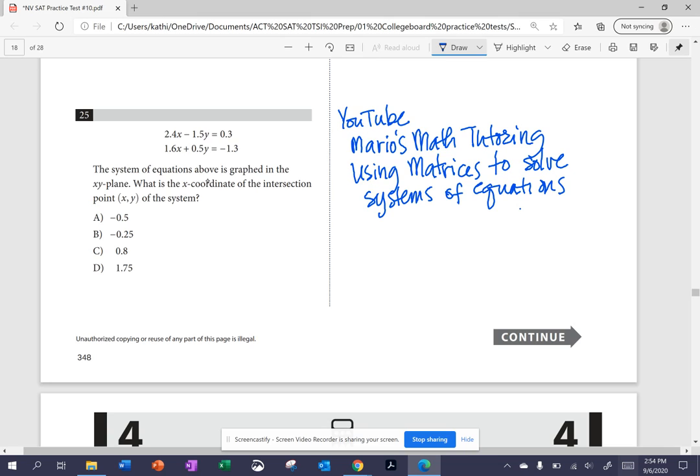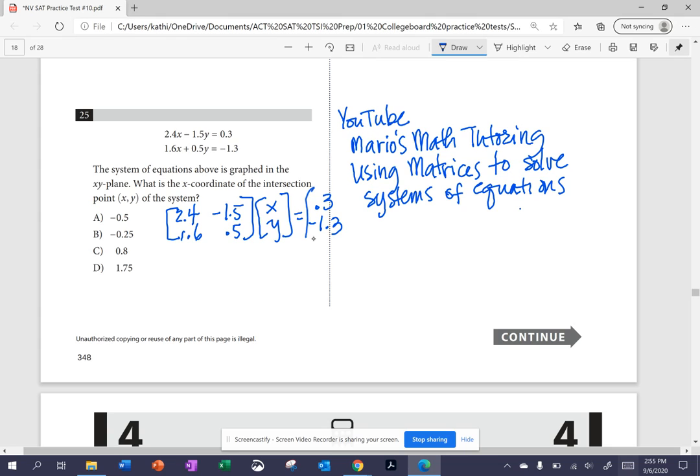Since I have my information in standard form, I am going to put the information in as 2.4, minus 1.5, 1.6, 0.5, x and y, and this is 0.3 and negative 1.3.